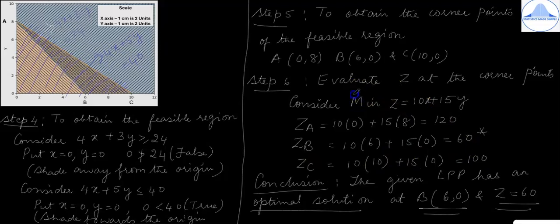As it is a minimization problem, you have to find the least value of Z, which is 60. So the conclusion is the given LPP has an optimal solution at B, that is 6, 0, and Z is equal to 60.